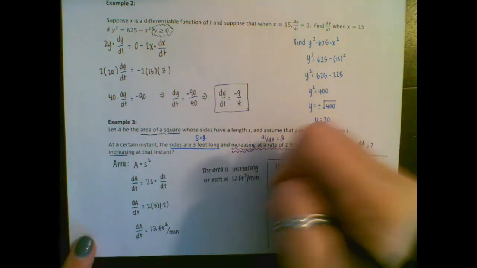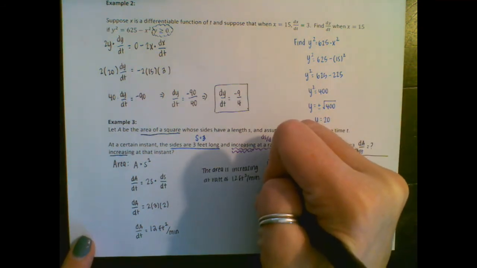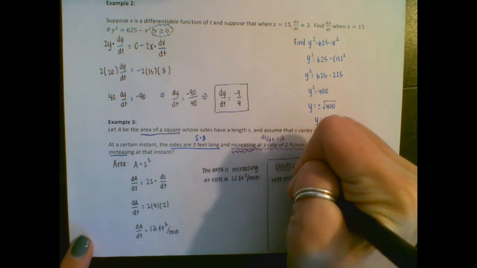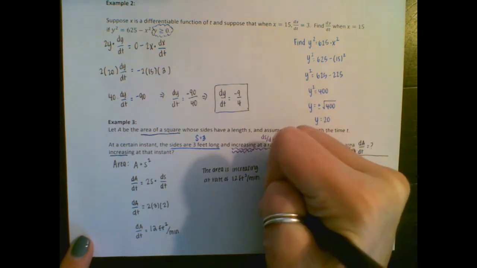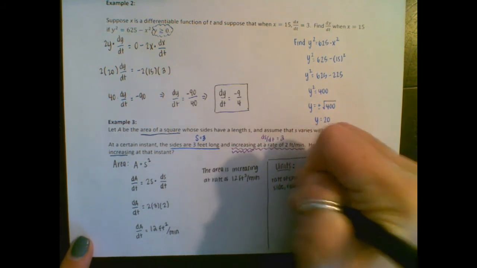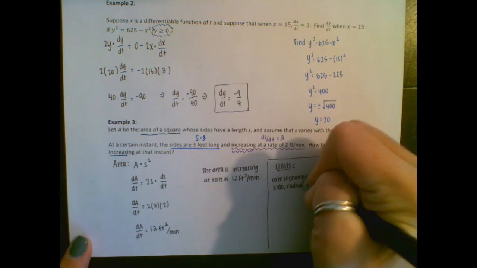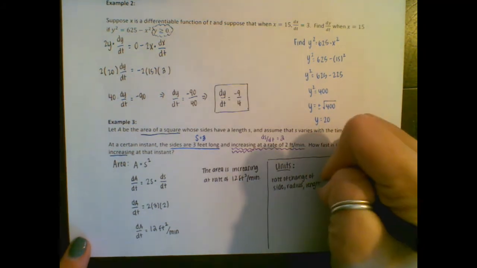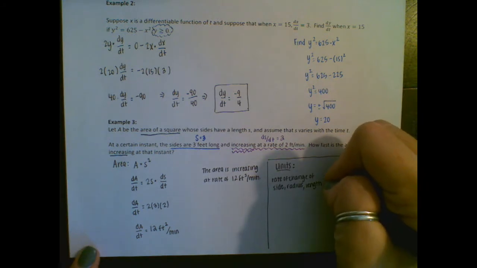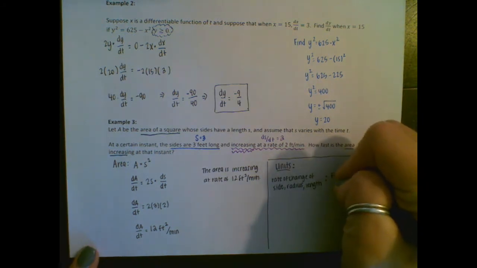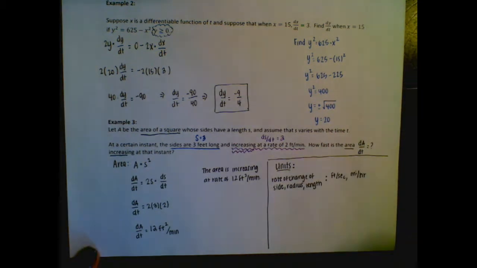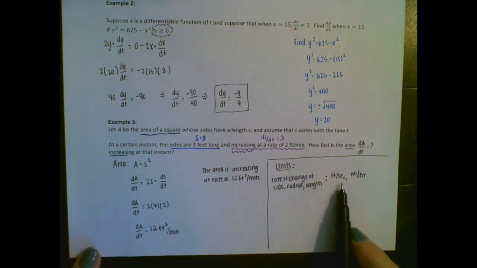Anytime that we're talking about the rate of change of a side or of a radius or of some kind of length or distance, our units are generally going to be given as like feet per second, miles per hour, some unit of distance over some unit of time.